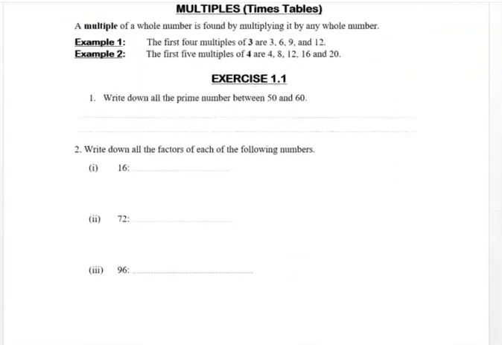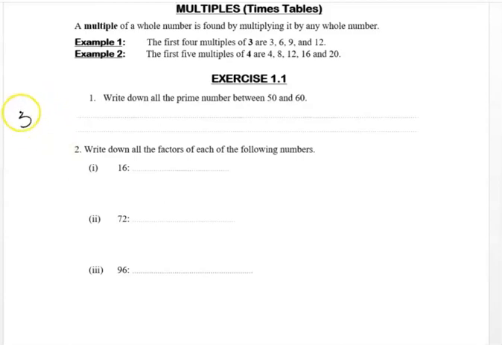Exercise 1.1, question 1. Write down all the prime numbers between 50 and 60. Now, to do this question, it'll be easier for us to list all the numbers between 50 and 60 and narrow it down. But we already know beforehand that no even number other than 2 is a prime number. So that makes it easier for us.